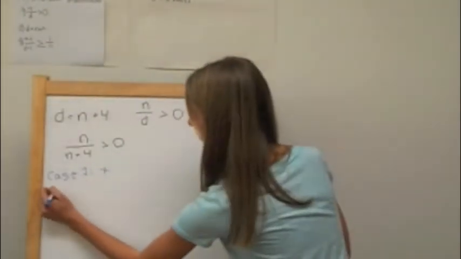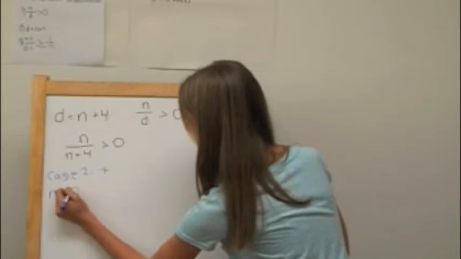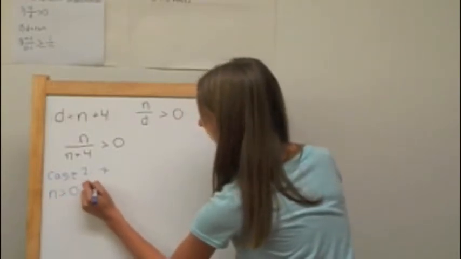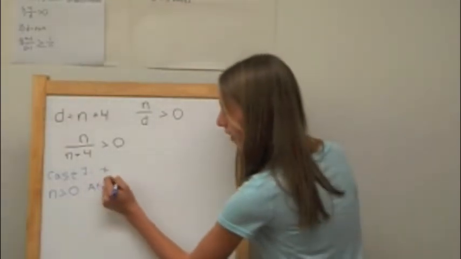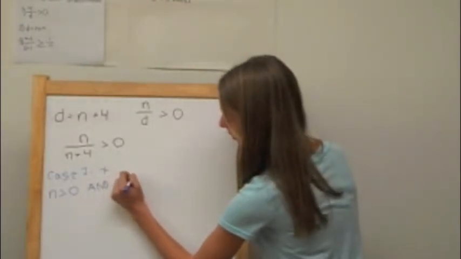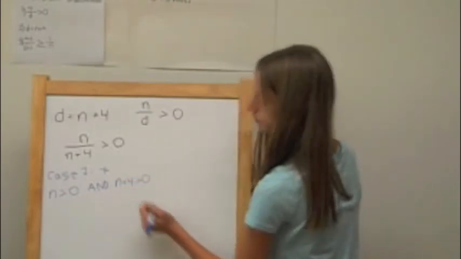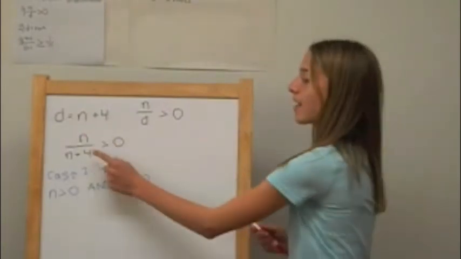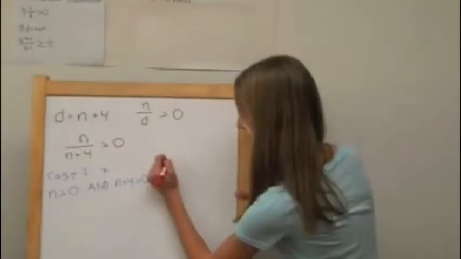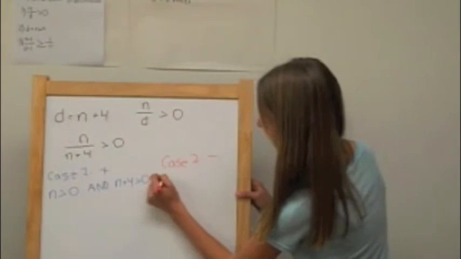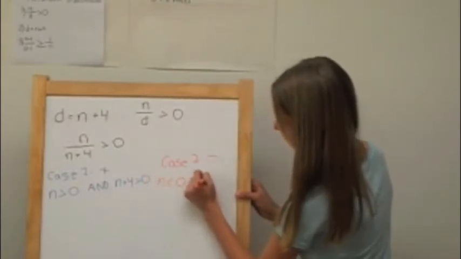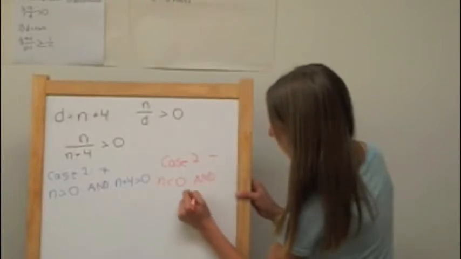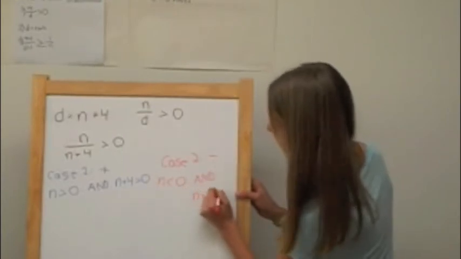So n is greater than 0, and the denominator n plus 4 is greater than 0. Now for case 2, both the numerator and the denominator are less than 0. We have n is less than 0, and n plus 4 is less than 0.